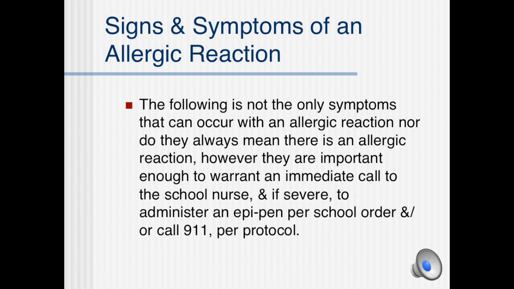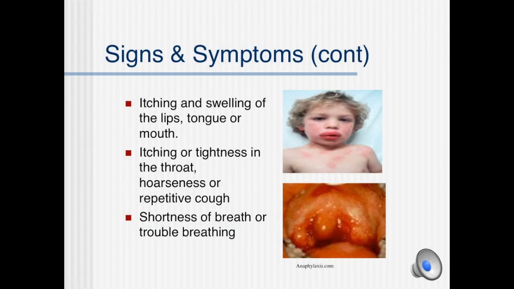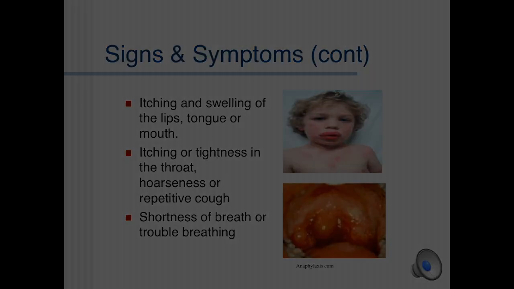On to allergic reactions. The slides that follow may indicate an allergic reaction is occurring, but it may not. The most important thing here is to just notify the school nurse and be prepared to administer an EpiPen. Symptoms can range from mild to severe: itching and swelling of the lips, tongue, or mouth, to hoarseness, cough, and difficulty breathing.